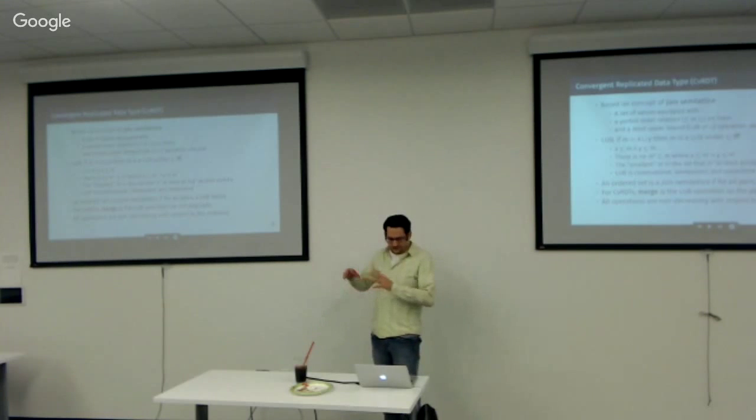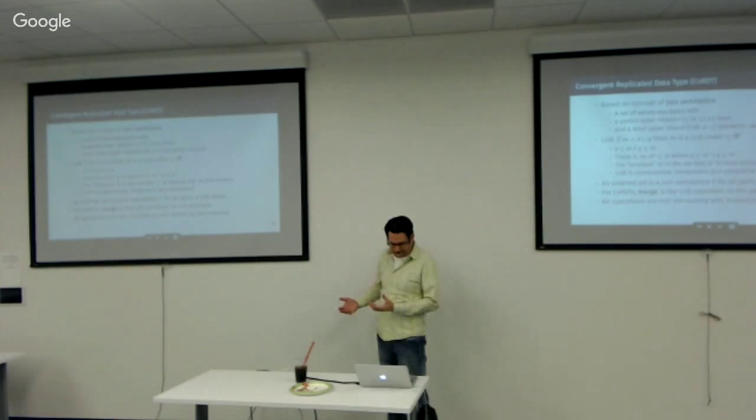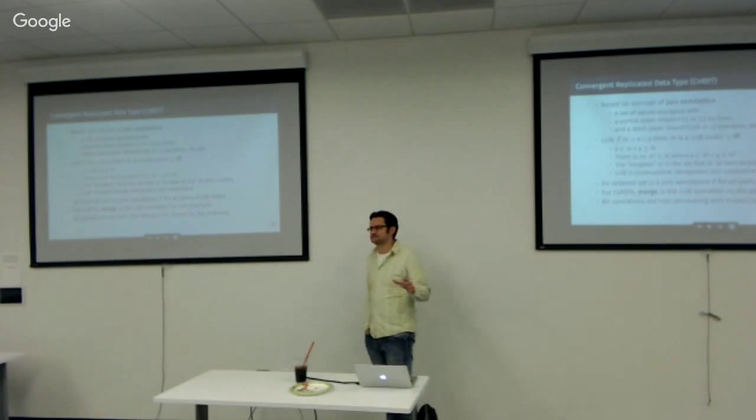But anyway, so we've got values and a partial order relation on them. And then the thing that makes it a semilattice is that you have a least upper bound operation. So who knows what an upper bound is? I guarantee you've all heard of it before.